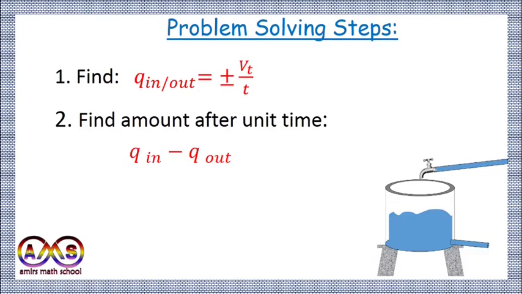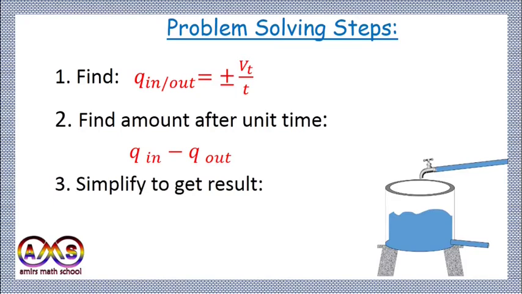In this case, if more than one flow in, then we just add all the Q in, and in case of more than one flow out, we just subtract the flow out. So we can say add all flow in and subtract all the flow out. That case we will get the amount after unit time.